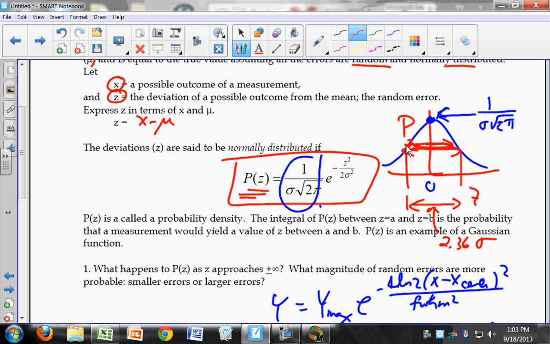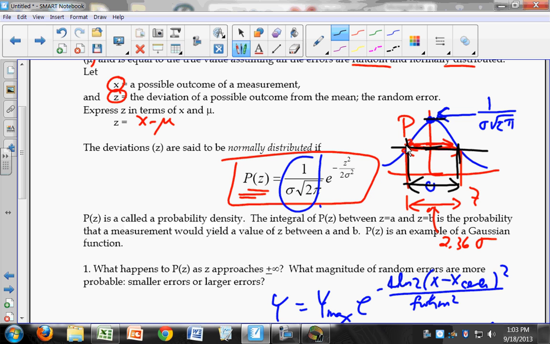Okay? So if I were to give you a bell curve and I ask you, what's the standard deviation? Find the half maximum, right? Find the maximum, take half of it, and then draw a horizontal line. Get the width at half maximum, the full width at half maximum.